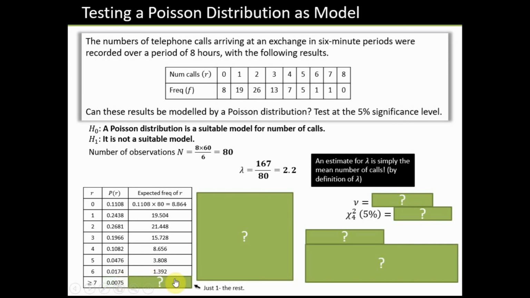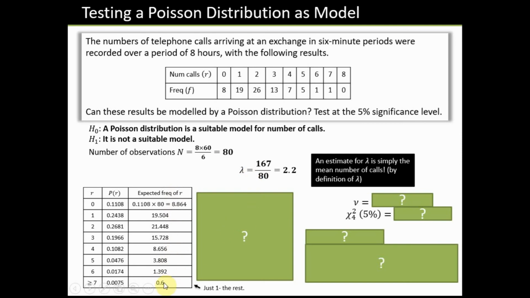To work out the expected value there, what we can do is just add all of these up and subtract it from 80. So this is just 1 minus all of those, and then we've multiplied that by 80 to get there. It should be the same as if you add all of these and subtract from 80.